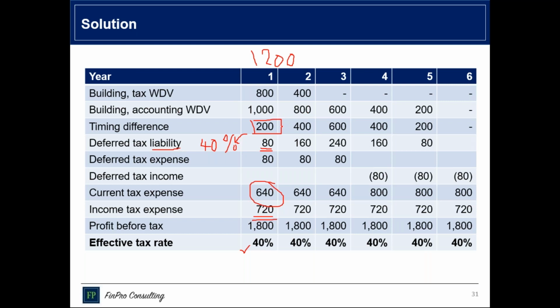This timing difference will now increase from 200 to 400 in the second year. So the total liability will have to be on 400. So 400 into 40%, which is 160.